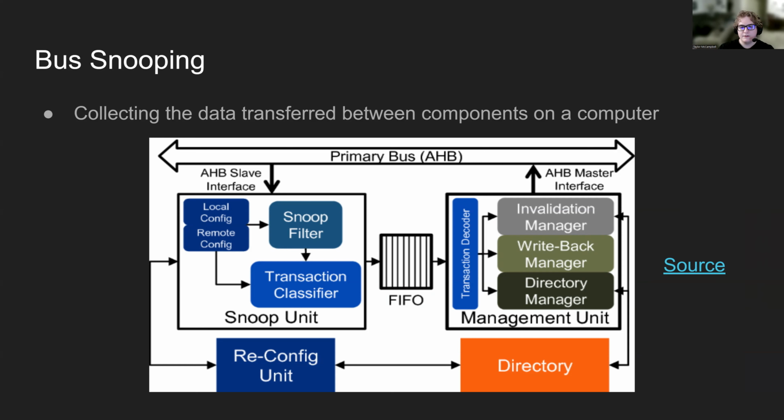And from that, you can infer information about it, or even get some of the data that's being transferred. So we call this bus snooping. And the reason it's a physical attack, like I said, is because you have to actually connect something to the bus to be able to snoop that information.